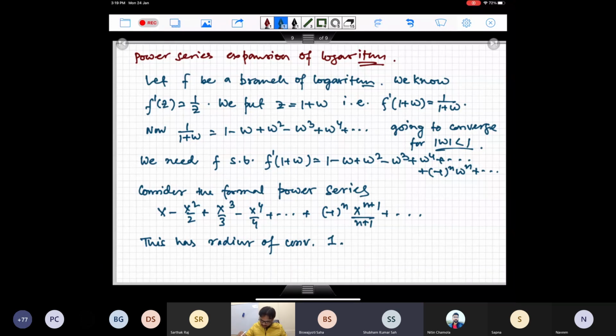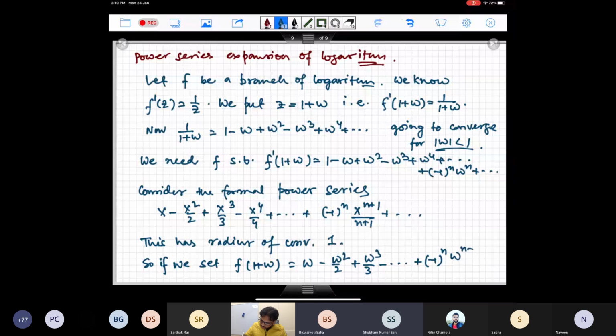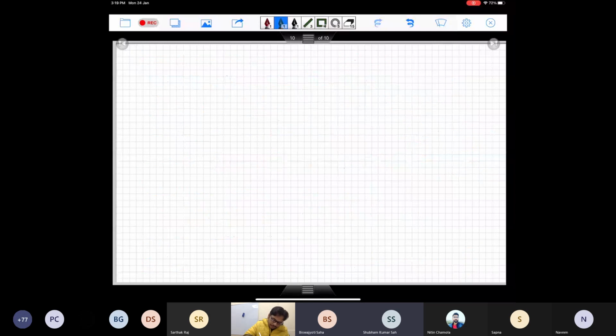Fine. Okay, so now if we set f of 1 plus w is w minus w squared by 2 plus w cubed by 3, and so on and so forth, plus minus 1 power n and w power n plus 1 divided by n plus 1 and so on, then we see that f prime of 1 plus w is 1 upon 1 plus w.